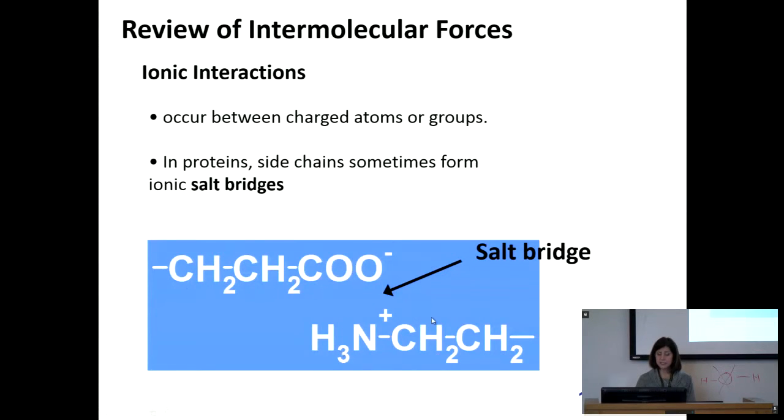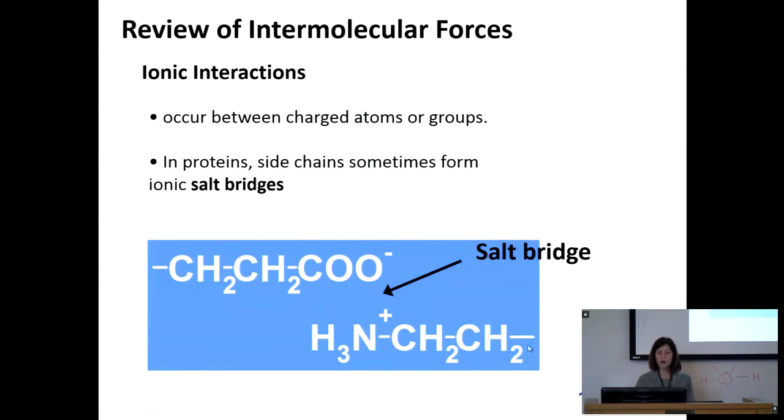And if this protein is at neutral pH, then the acid will have donated its proton and the base will have accepted a proton. So the acid's going to be negatively charged and the base is going to be positively charged. So we call it a salt bridge. Salt bridges are very important in our protein interactions.